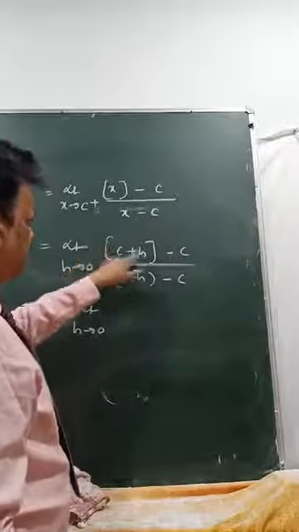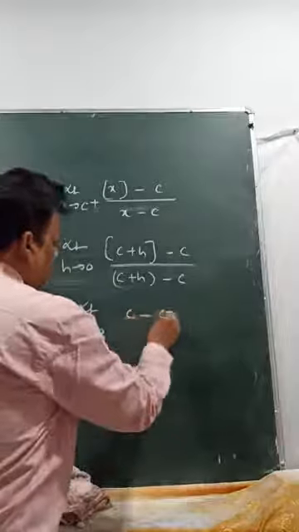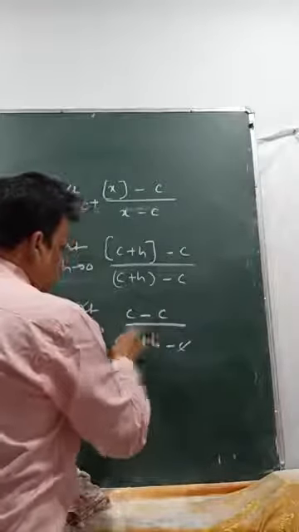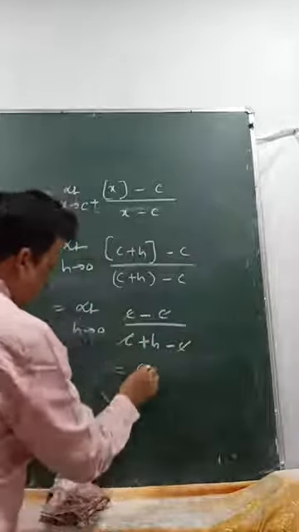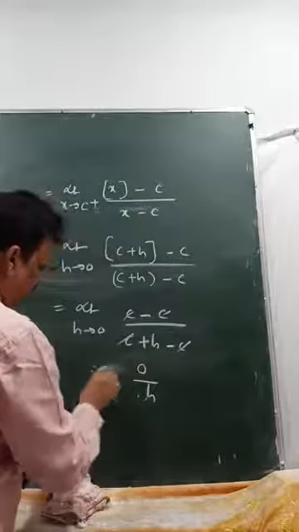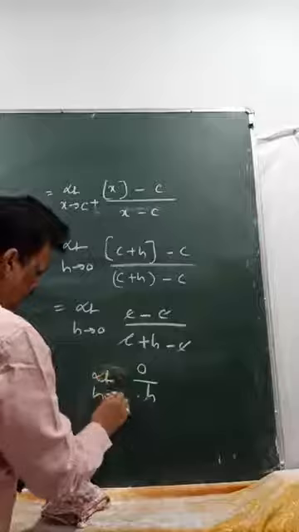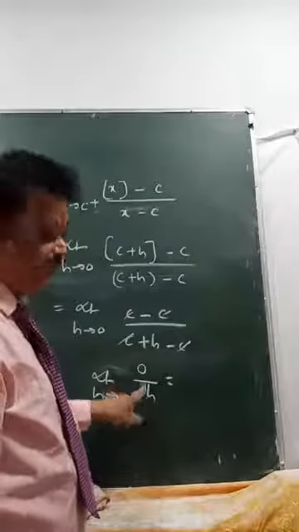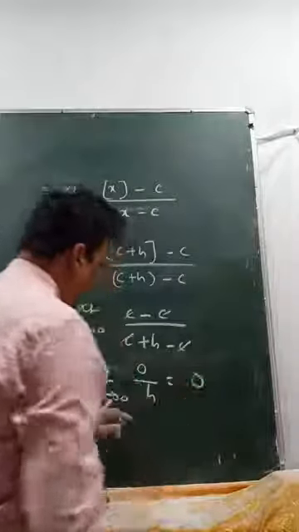In the box, c plus h becomes c, so c minus c, and c plus h minus c cancels. That is 0 by h. 0 by any number is 0.